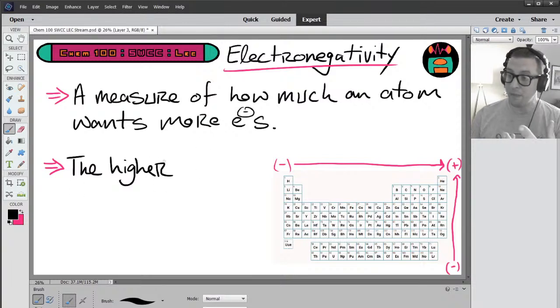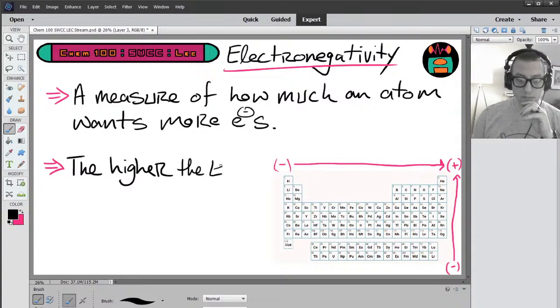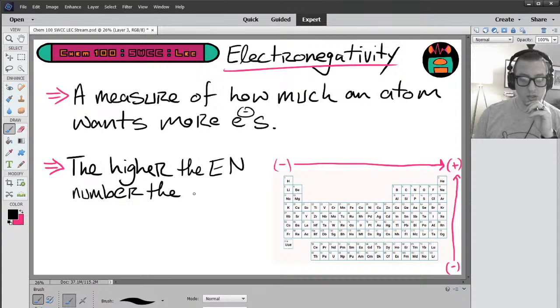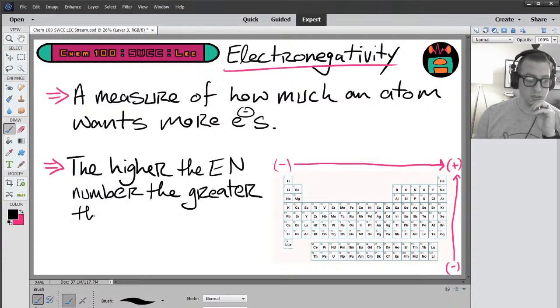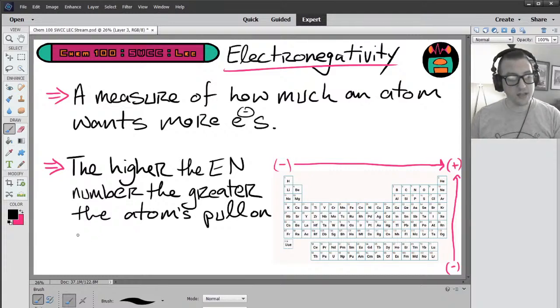So, electronegativity is a measure of how bad an atom wants an electron, and the higher the electronegativity number, the greater the atom's pull on electrons in its surroundings.